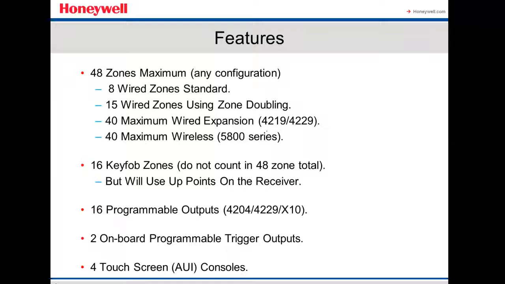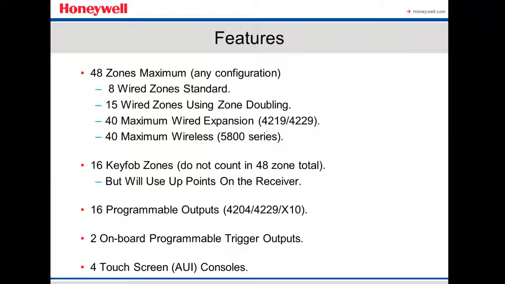Or using the wireless receiver, you can also go up to 40 wireless zones. So with 40 plus 8, which is the one on the panel, you go up to a maximum of 48 zones.